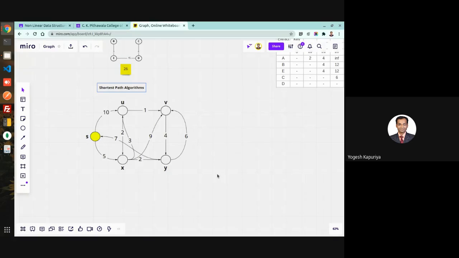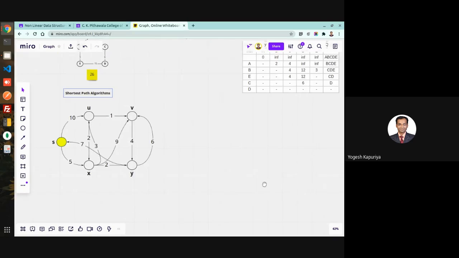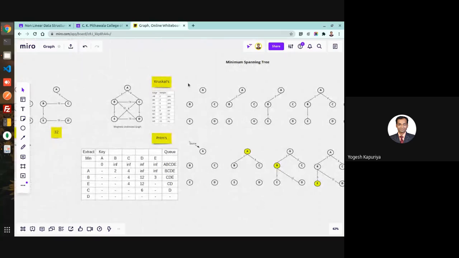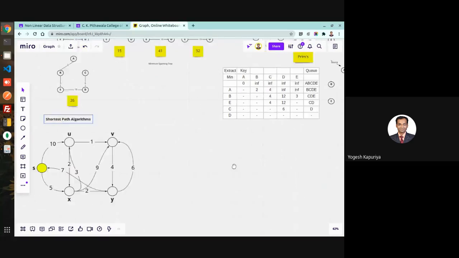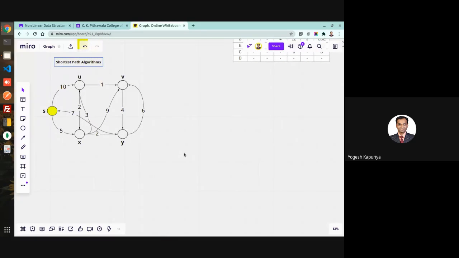This algorithm is basically very similar to Prim's approach, right? The approach which we have used in Prim's algorithm is quite similar. Actually, Prim's approach was derived from this approach only, right? So let us first understand what we are supposed to do. So this is my initialization.